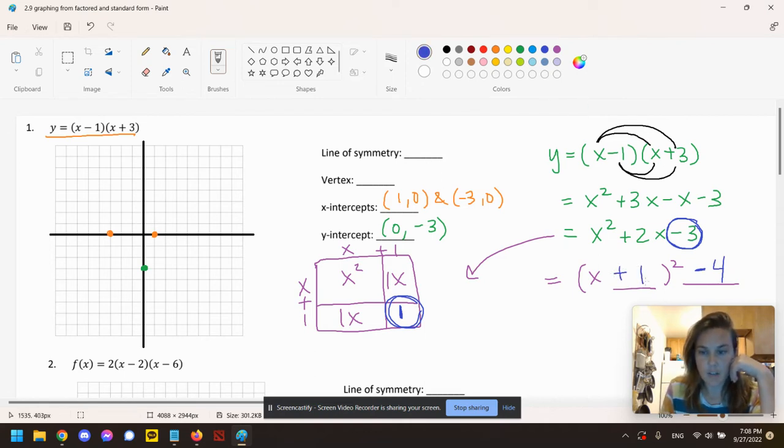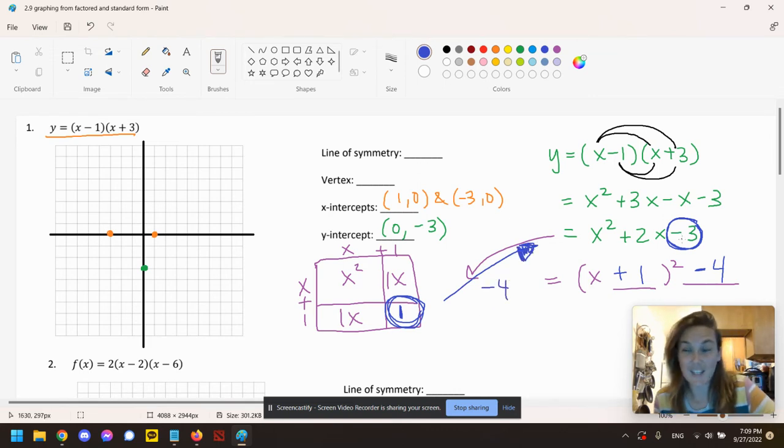And my side length is plus 1. So again, I used my side length to get the inside here, and I used the difference between my C term and my ideal term going in this direction, actually. Saying if I started at 1 and wanted to end at -3, I need to go down by 4.